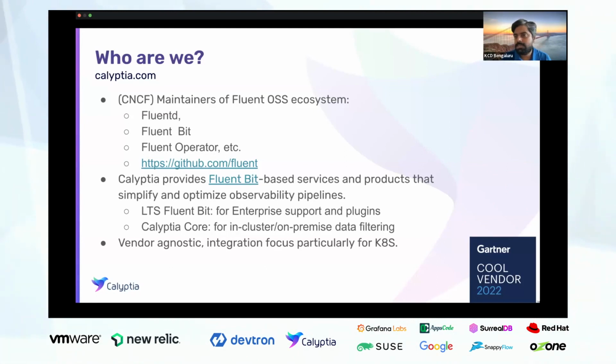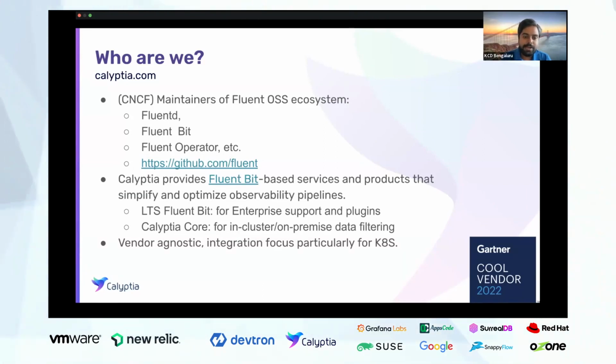We are just the maintainers, and it's one of the very few projects which graduated with Kubernetes and has been part of the Kubernetes ecosystem right from the beginning, 2015 or even before. Fluentbit and Fluentd are also shipped by default with Kubernetes, and you see the Fluent container in the system namespace most of the time.